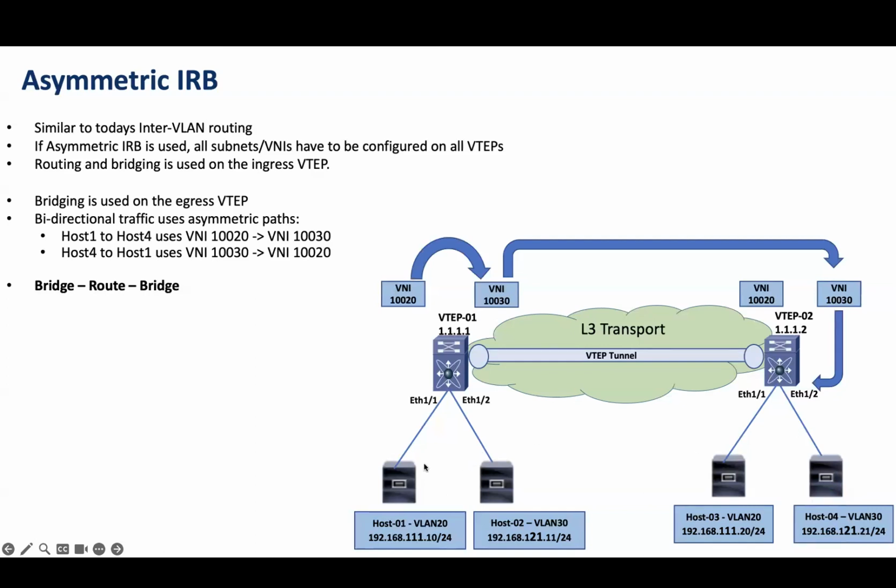Means we are doing bridge, route, bridge. At ingress VTEP, we are performing layer 2 and layer 3 lookup. At egress VTEP, we are performing only layer 2 lookup. In asymmetric IRB, each and every VTEP needs to maintain the MAC address table for all VNIs, even though there is no local host.